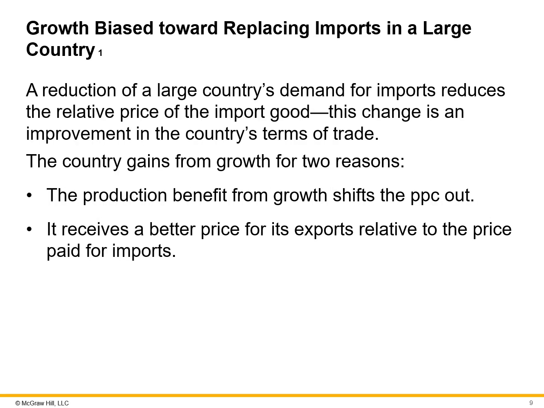So when we look at the growth bias towards replacing imports in a large country, if growth reduces a large country's reliance on imports for internal growth, global demand for those imports falls, and that lowers import prices and improves their terms of trade. That's what always happens. For instance, you can see it in the oil industry when there was heavy investment in drilling in the United States, and that term, drill baby drill, we started saying, well, we're going to drill more. We started reopening the drilling and doing more internal drilling of wells.